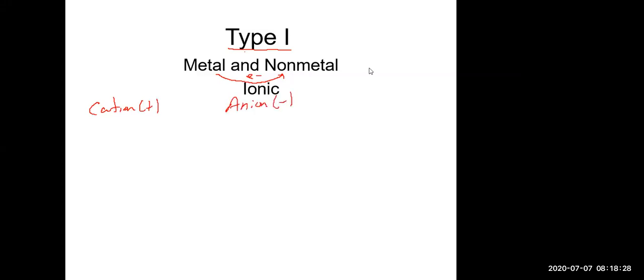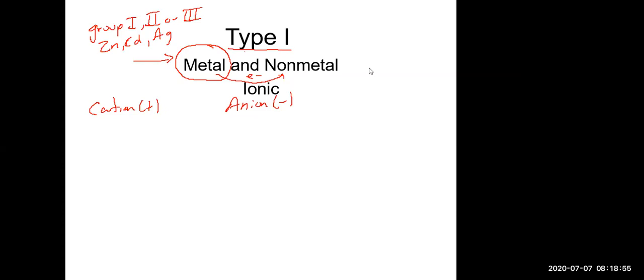Now, whenever you have an ionic compound, it's always the metal that's really important. The metal here is going to be from group 1 on the periodic table, group 2, or group 3, which is basically aluminum, or it may be zinc, cadmium, or silver.